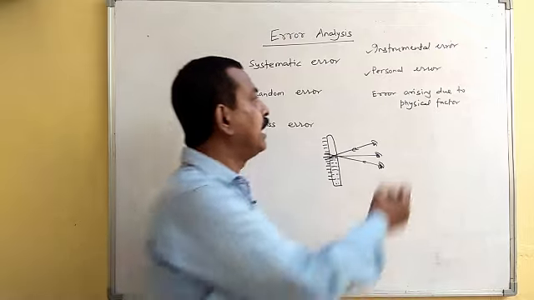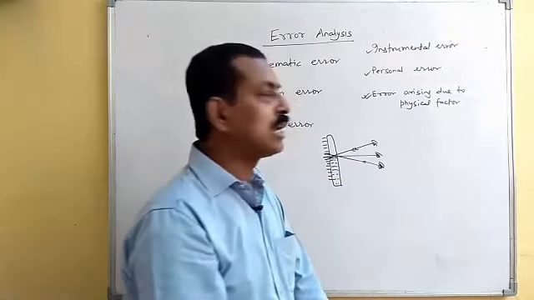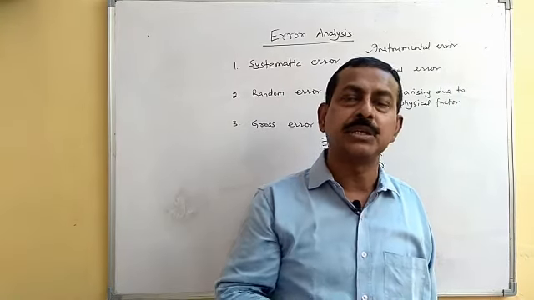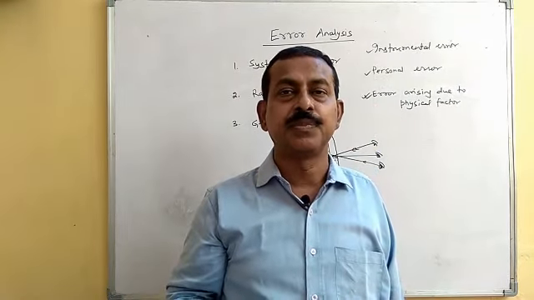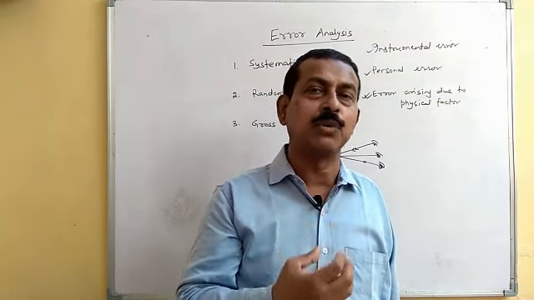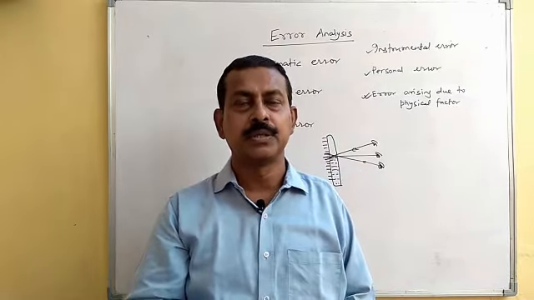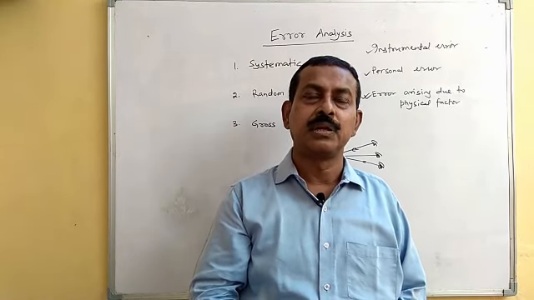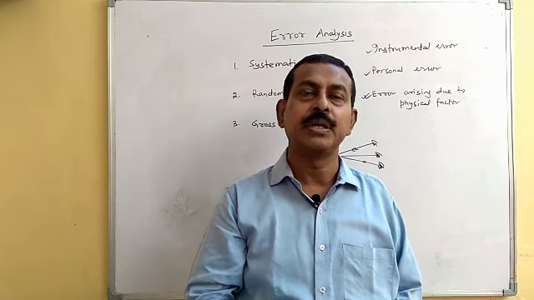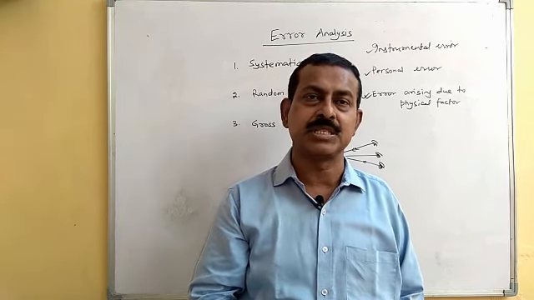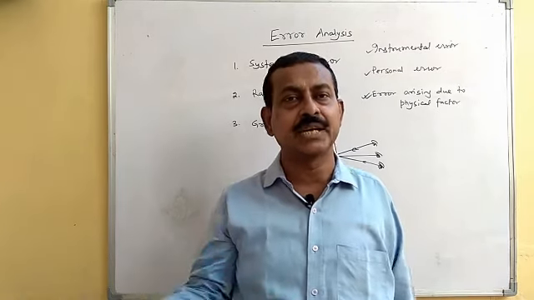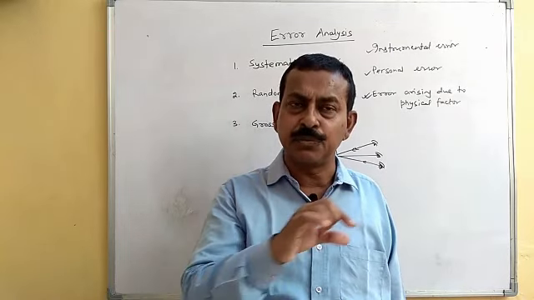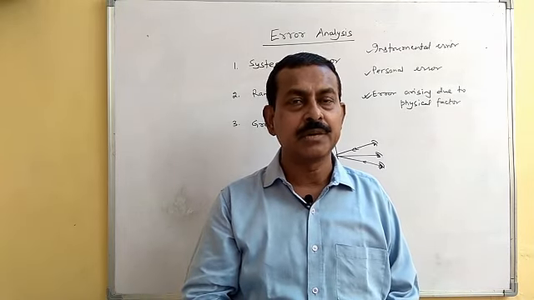Next is error arising due to physical factors. Like it may be that there is a change in temperature, there is a change in pressure, due to which the measured value will be different from the actual one. For example, suppose we have a metallic scale. With the metallic scale, if we are taking measurement in the summer season, that means when the temperature is high, at higher temperature there will be expansion of that metallic scale.